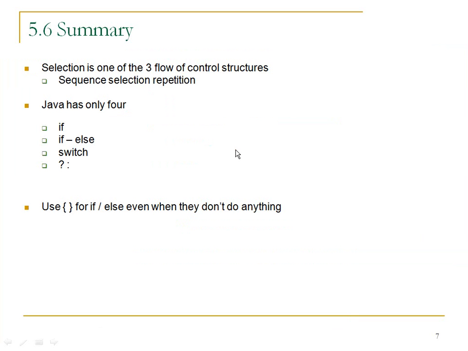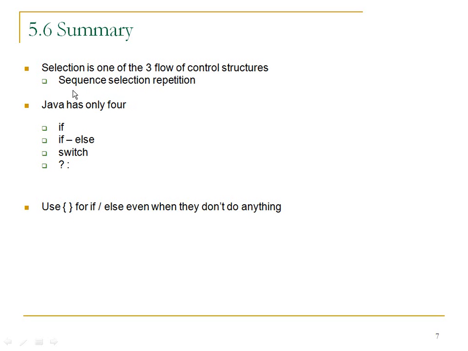And just a brief summary to end this one. We have been looking at the relational operators in Java. There are 6 of them, 4 relational and 2 equality operators. There aren't going to be any more. That's it for the whole language ever. And the selection constructs, the flow of control constructs using selection.